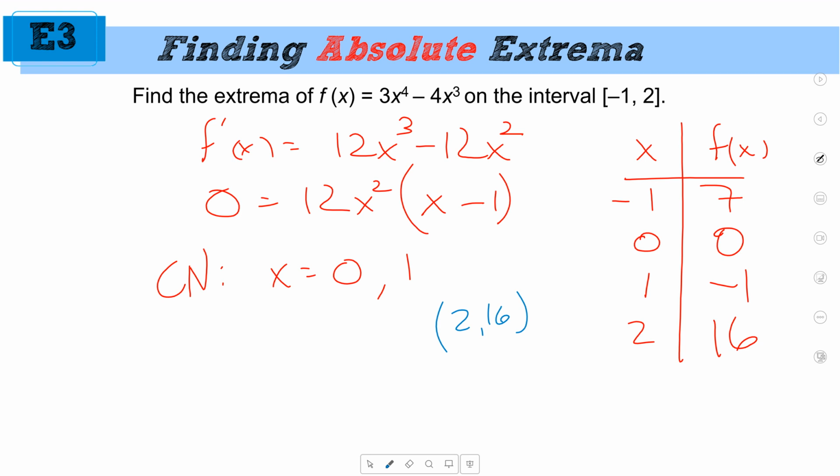Or they'll say, what is the absolute max value? That would be 16. So this is the x value of the absolute max. This is the absolute max value.